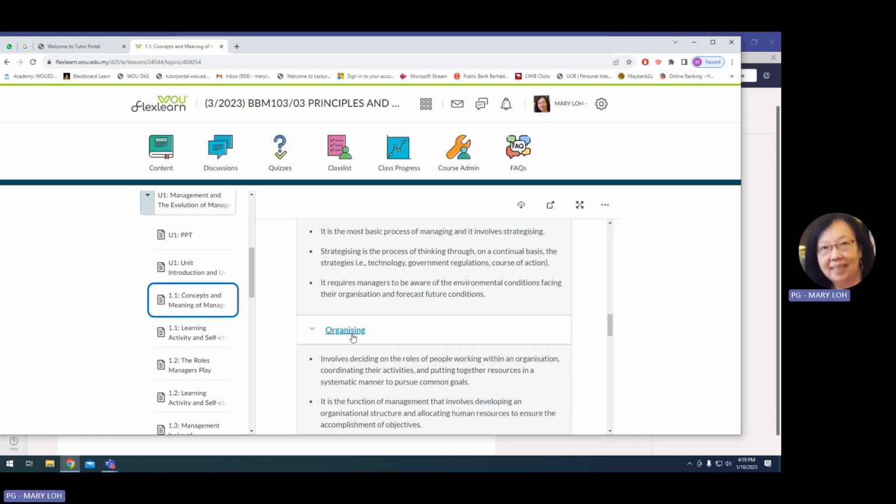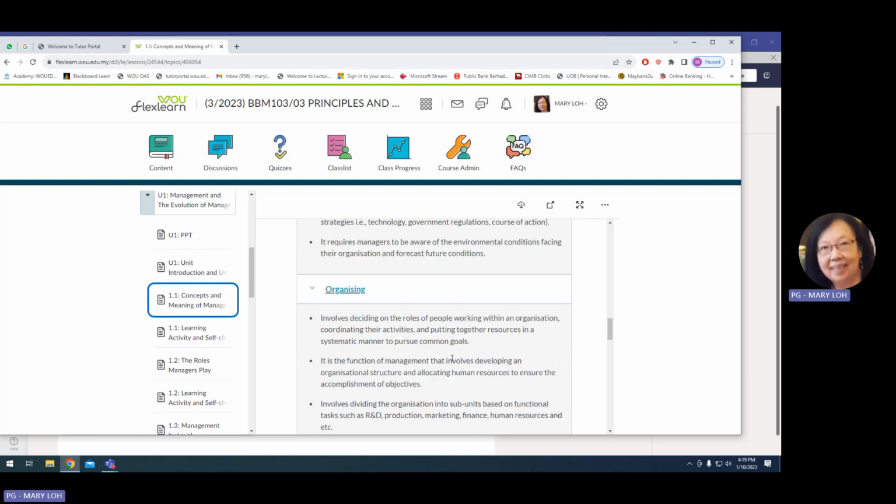Everyone will be given specific tasks to do in order to help the organization achieve its goals and objectives. That is the purpose.